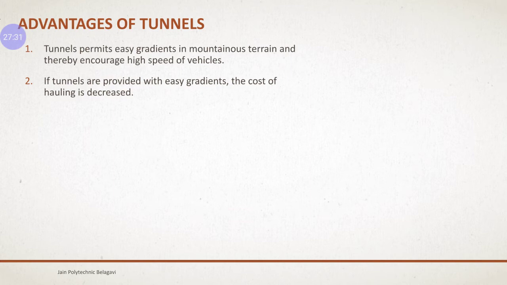If the hauling increases, then the fuel consumption also increases, right? Fuel consumption increasing means your cost will also increase. If you are moving on a straight road, the hauling capacity reduces compared to steeper gradients. So you are trying to reduce the cost by providing an easy gradient.